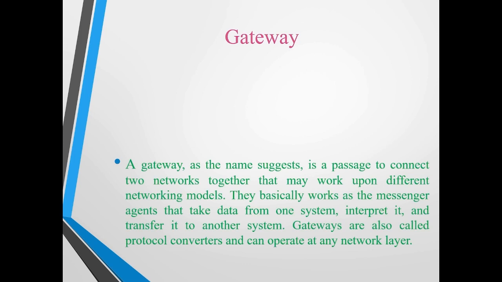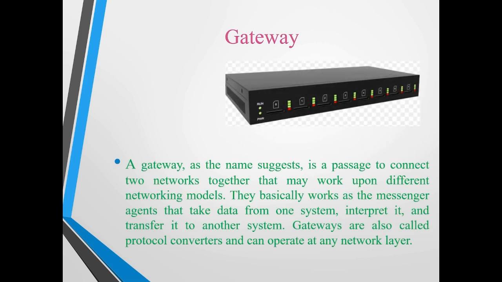As I have told you, for example, you just take the example of Airtel. Airtel is one internet service provider and it has its own network structure. Just like that, Jio has another network structure. So gateway is used to connect all the dissimilar networks with each other.